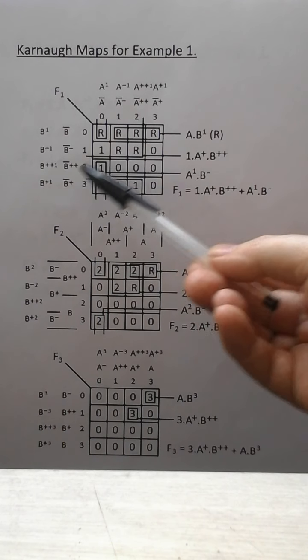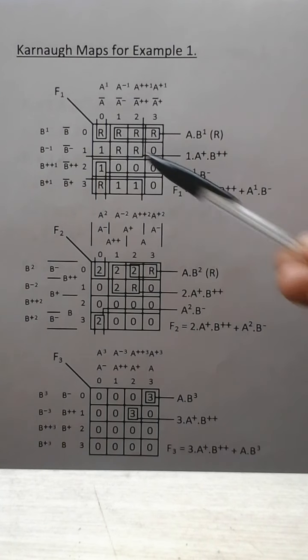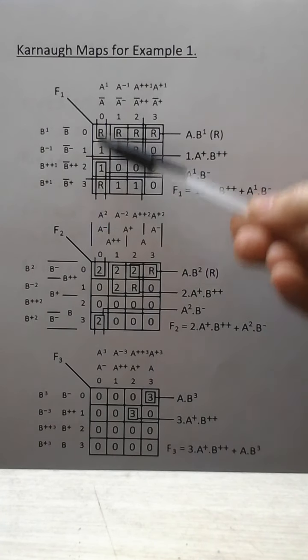So you've got A1 here, and not B minus is 0, 2 and 3 here. So that completes Karnaugh map F2.